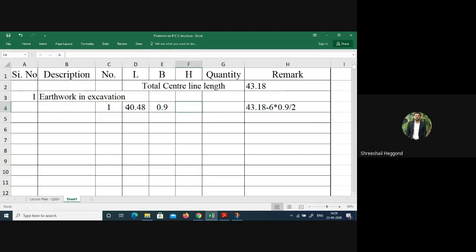Width is 0.9 and height is 1.1, as we got in the cross section. So that quantity will be, how much are you getting for quantity? 40.08. Yes, everyone is giving the same answer.